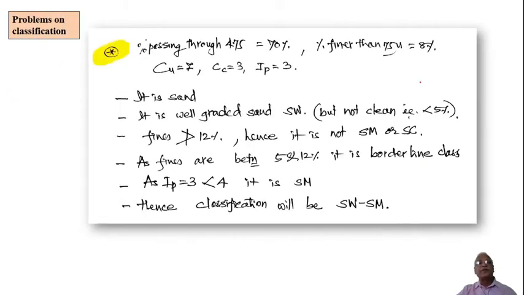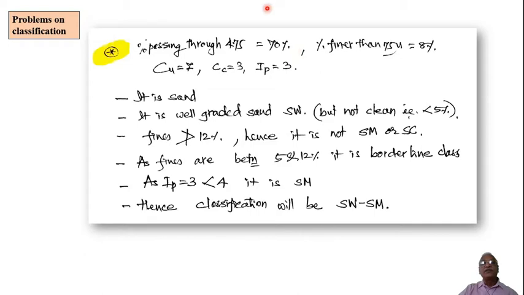Okay, straight away the problem is given here. Here the percentage passing through 4.75 mm is 70%. So to say, the percentage which is greater than 4.75 is 30%.